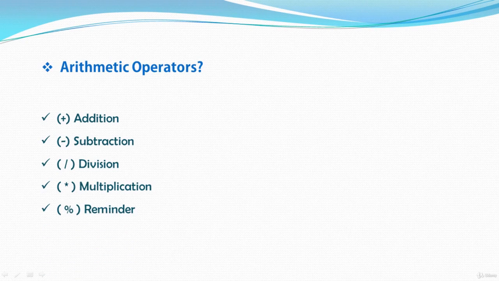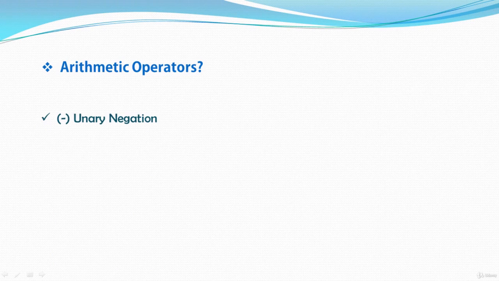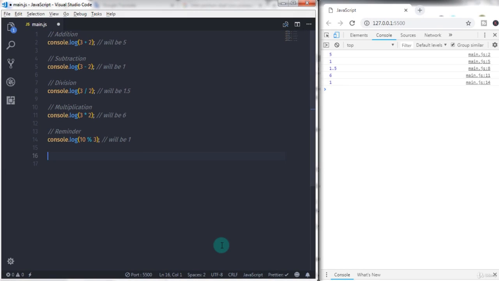Next, remainder. Remainder returns the remainder after division. For example, 10 remainder 3 is equal to 1. The result would be 1, so 3 goes into 10 three times with 1 left over. This operator evaluates values left to right. Next, unary negation.